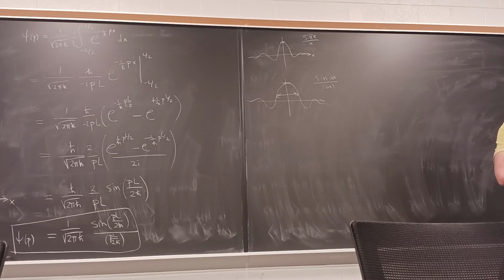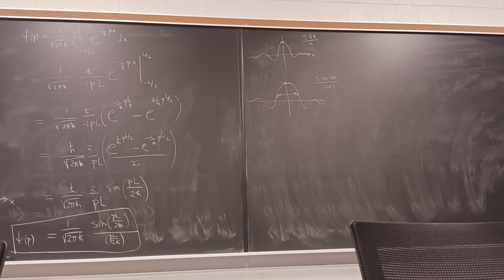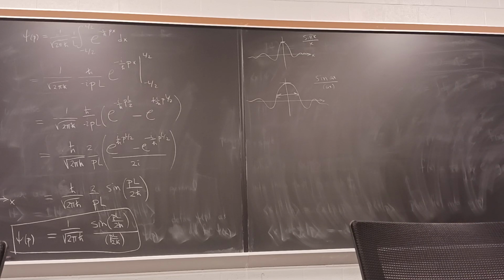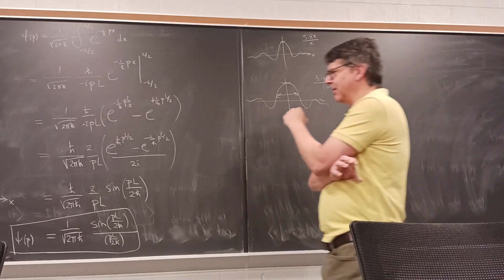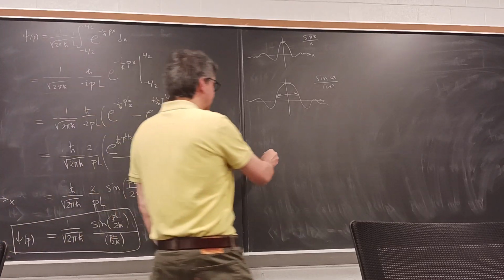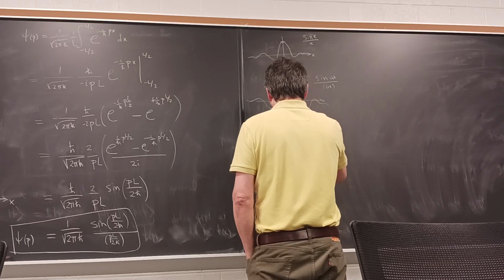If you make A larger, then doesn't that get narrower? If you make L larger here, then it has to get narrower. If L is large, if it's spread out in position space, then it has to be narrower. It gets really narrow in momentum space.